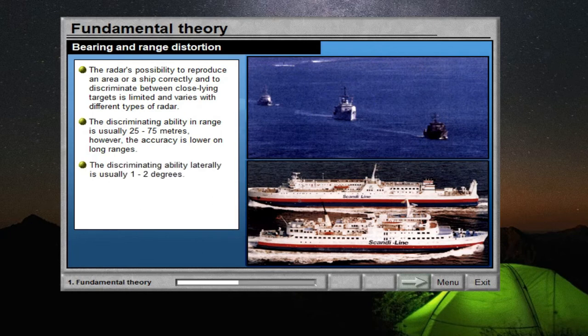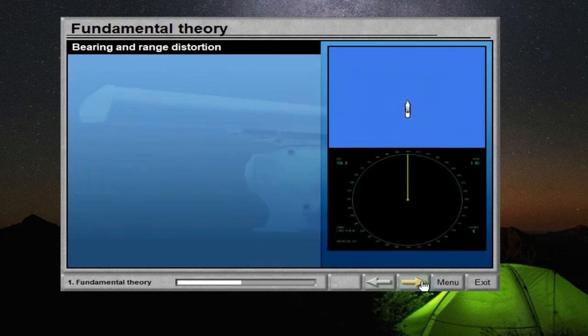The discriminating ability, laterally, is usually 1 to 2 degrees. Radar sets with a wavelength of 3 centimetres have, generally speaking, a better discriminating ability compared with a 10 centimetre wavelength. Press the buttons to see examples.